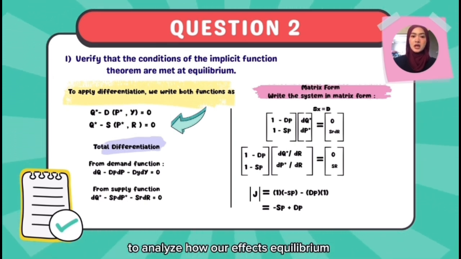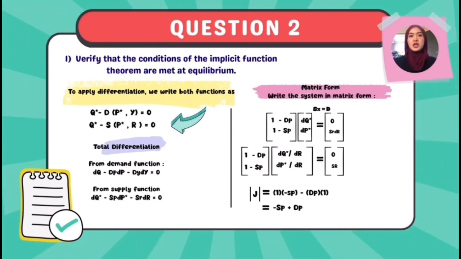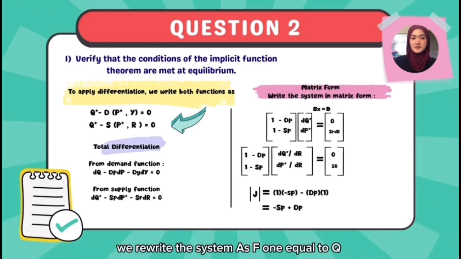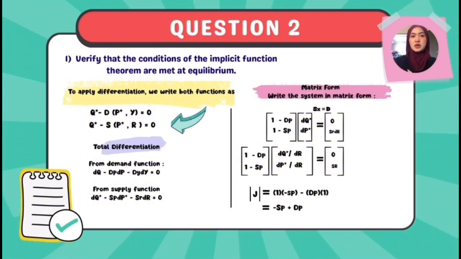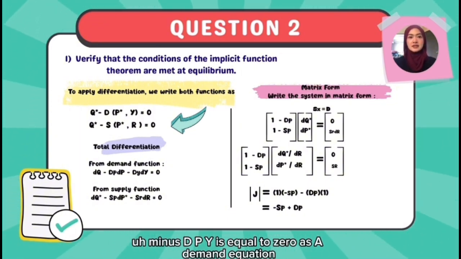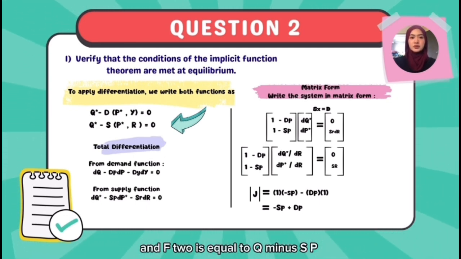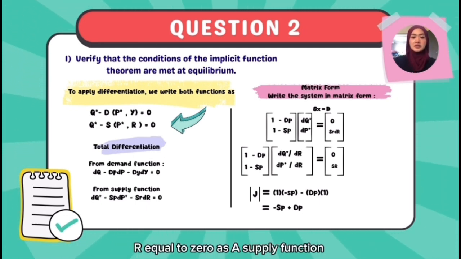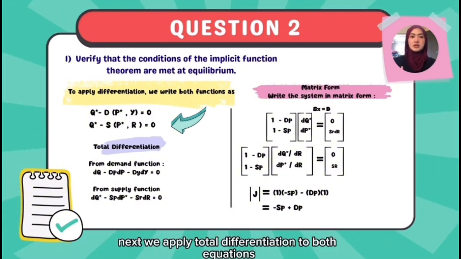Next, to analyze how R affects equilibrium, we rewrite the system as F1 equal to Q minus dPy equal to 0 as a demand equation, and F2 is equal to Q minus SPR equal to 0 as a supply function. Next, we apply total differentiation to both equations.